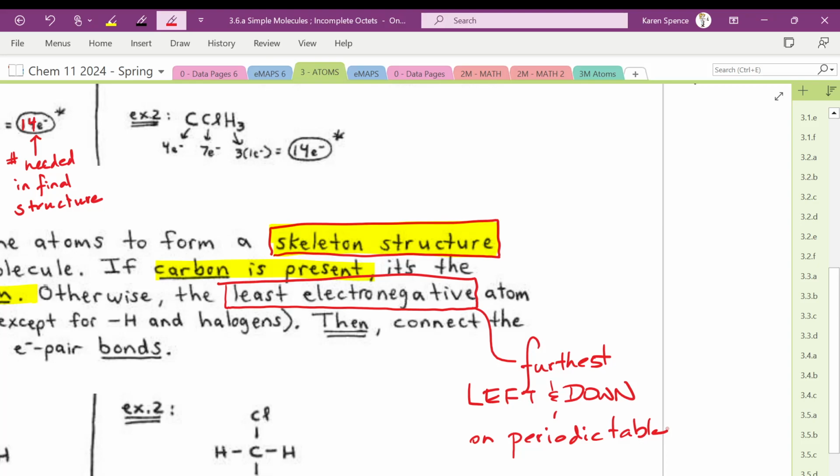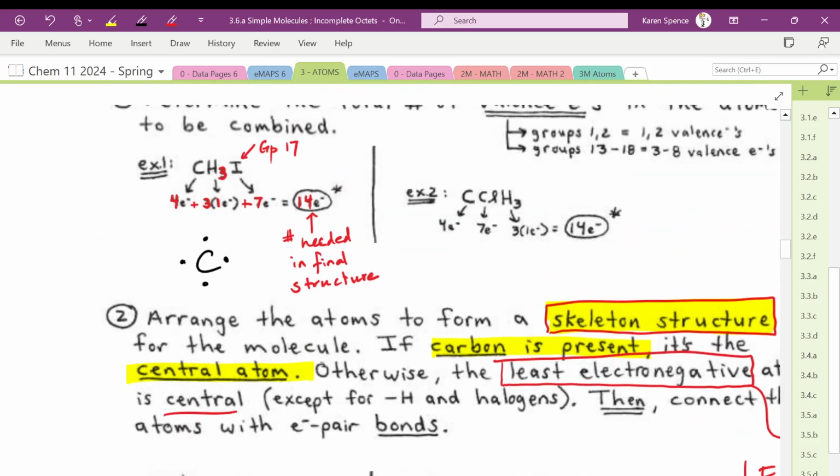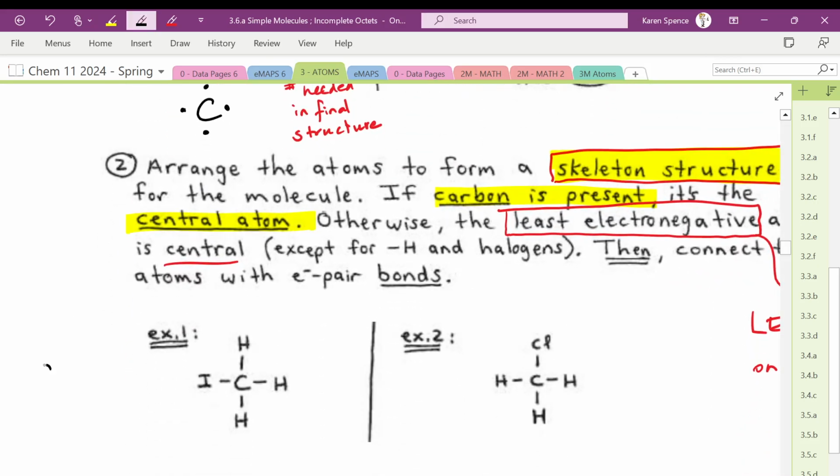Okay, so for the most part, it's going to be pretty obvious. Also, we will tend to write the formula sort of in order. So if there's 3 elements in a row, we'll probably put them in that order. Okay. So let's take a look at this. We've taken carbon. Our element was CH3I. And we're going to put the C in the middle.